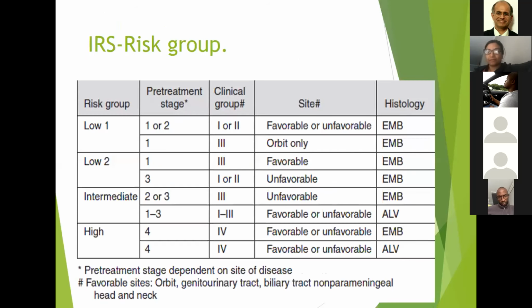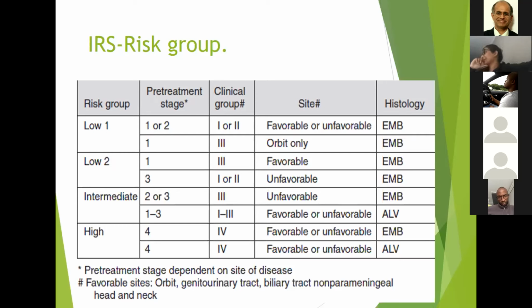Okay, so now here, it's putting into context all those grouping and staging we were looking at: your pre-treatment stage, your clinical group, your site, and your histology. So you have your low to your intermediate and your high. Things to highlight here is that all your stage 4 and clinical group 4, so your metastatic disease, they all form your high risk.